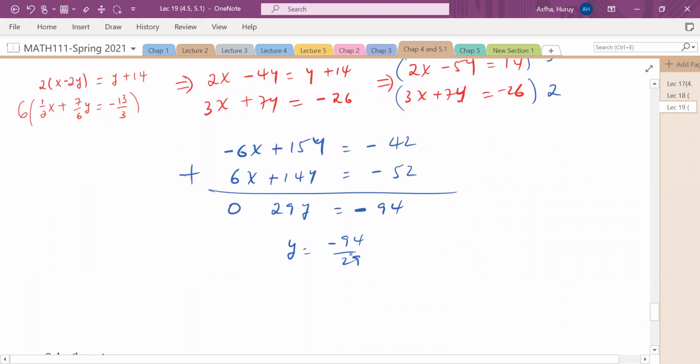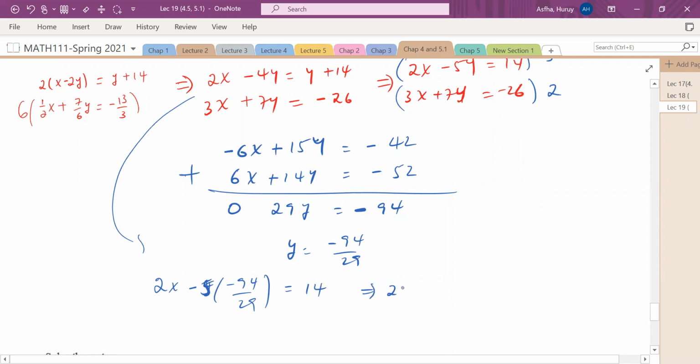So y is negative 94 over 29, and then we can use one of these equations to simply find the value of x. So using this, 2x minus 4 times negative 94 over 29. Oh, it should be 5 equals 14.